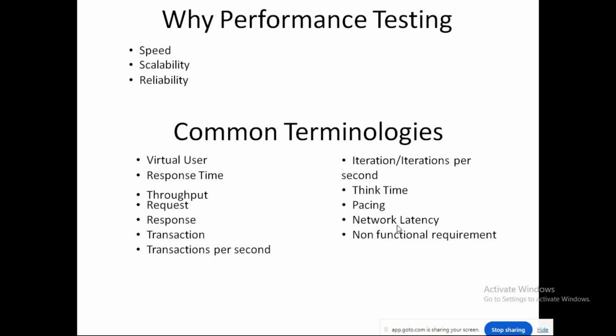Now, in your project, if all these different types of tests are being done, there is a high probability that you will get non-functional requirements containing the requirements for all of them. But if you are responsible for performance testing only, then the performance testing requirements will be in your scope.